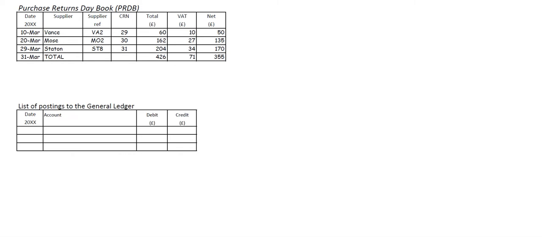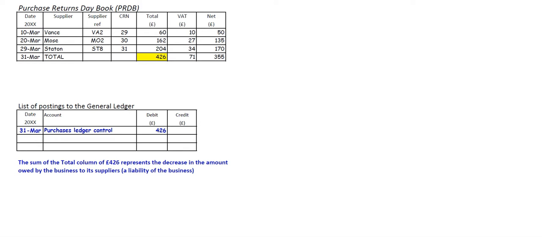So let's bring up our postings list and we'll start filling this with the information from our purchase returns daybook. First of all, we'll record the total of the gross column or total column of £426.